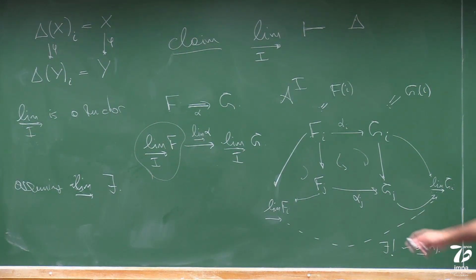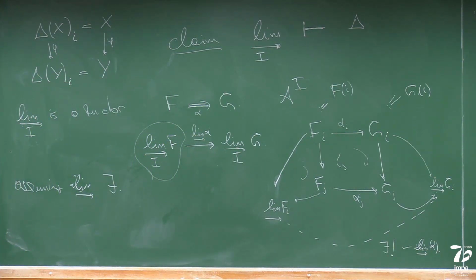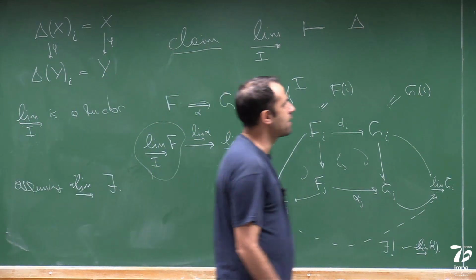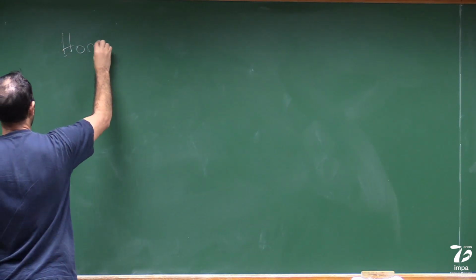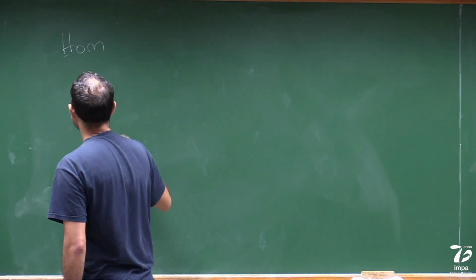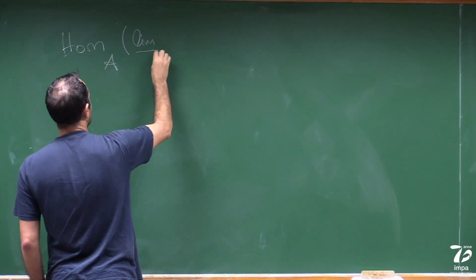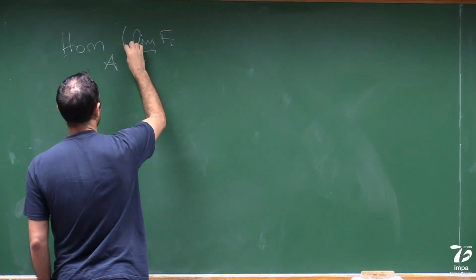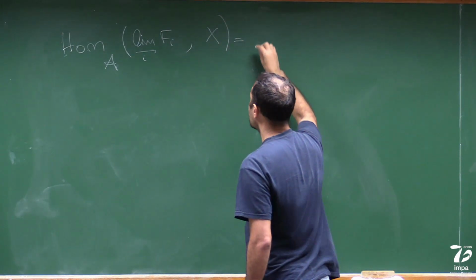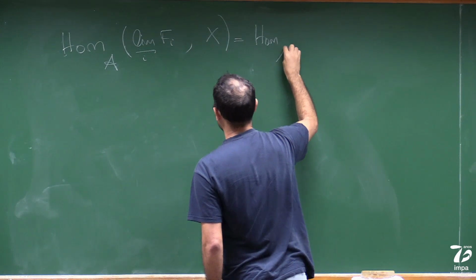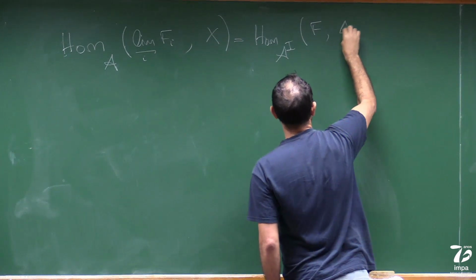The second claim is that this guy is left adjoint to delta. So now again, remember what it was to be left adjoint to delta. So this is that hom in the category A of the colimit of the f_i to some object x is the same thing as hom in the category of functors of the functor f to this functor diagonal of x.